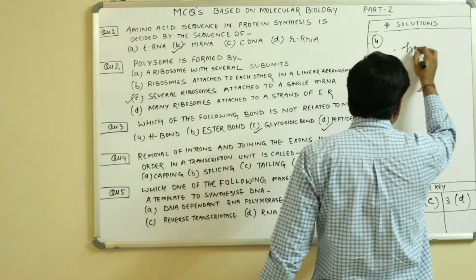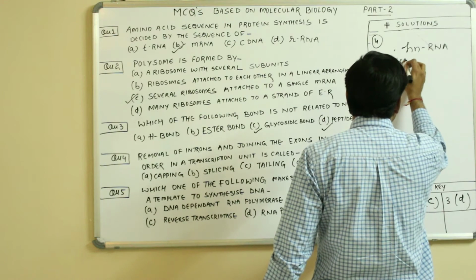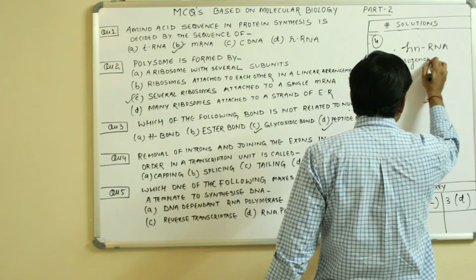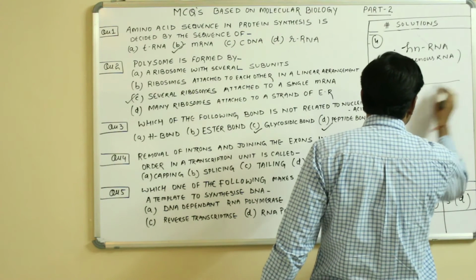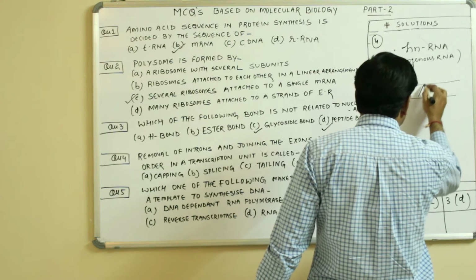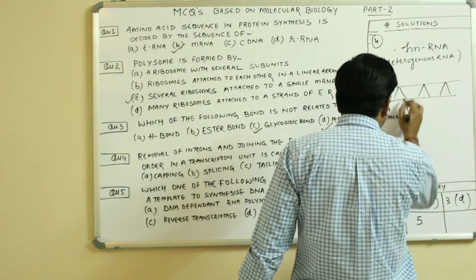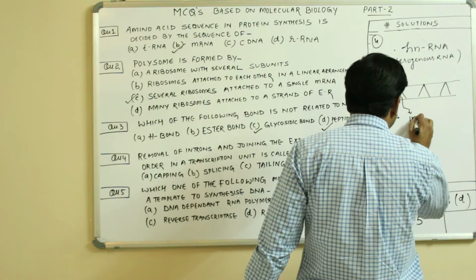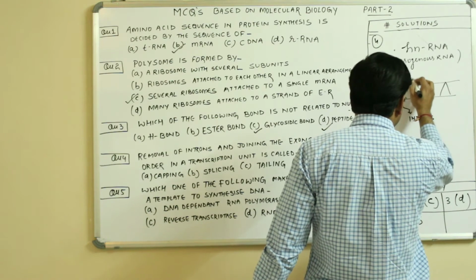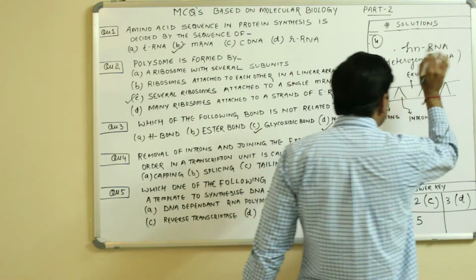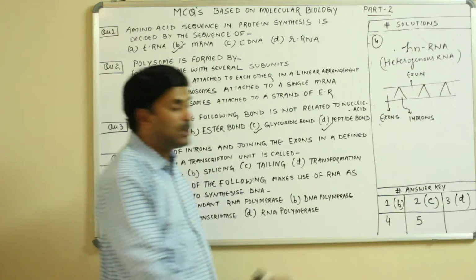We know very well that there is an RNA known as hnRNA, heterogeneous RNA, and it consists of two types of sequences. One is known as exons and the other is known as introns. Exons, introns, then again exons, like this. So a heterogeneous RNA has two types of sequences, exons and introns.